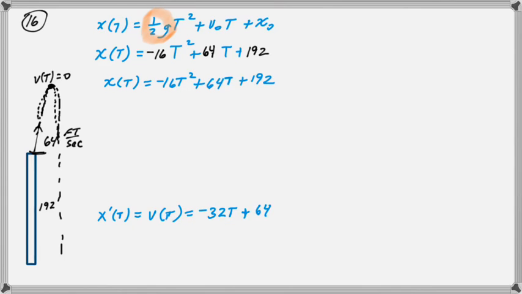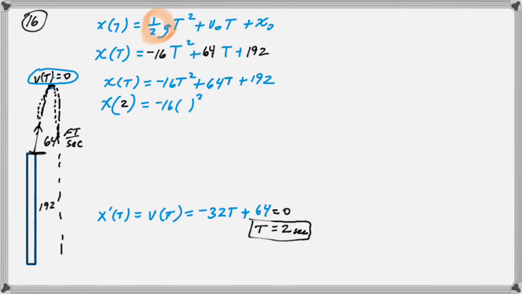Part A says, how high does the ball reach? Well, I told you at the maximum height, the velocity is 0. So I make my velocity equal 0, and that tells me the time. So it's at the top at time 2 seconds. How can I tell how high it is? By putting 2 into the position function.